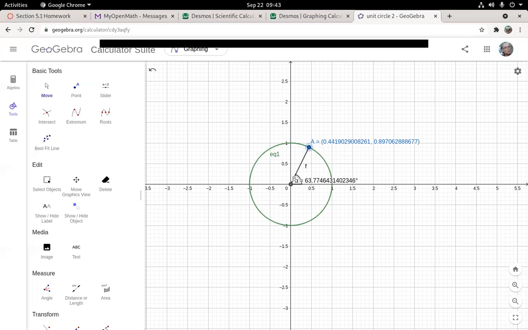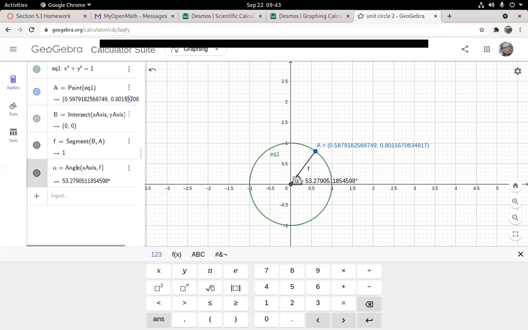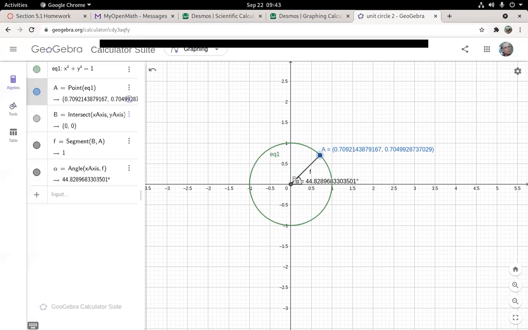So let's see if I can get some nicer numbers. Let's go to algebra. Can I force that angle to be something? No, it's not going to let me. Bummer. All right, let's suppose I get this. Give me something nice. Okay, 30. Can I get really close to 30? Not exactly, but that's not bad.